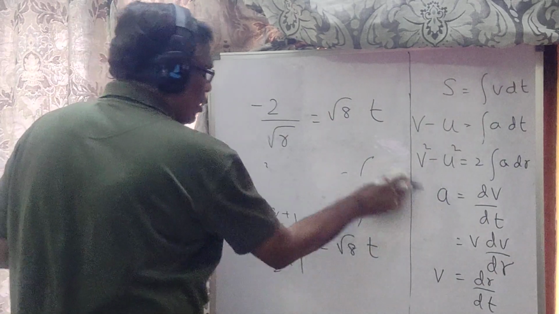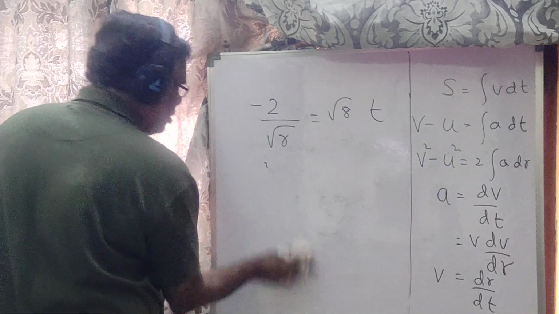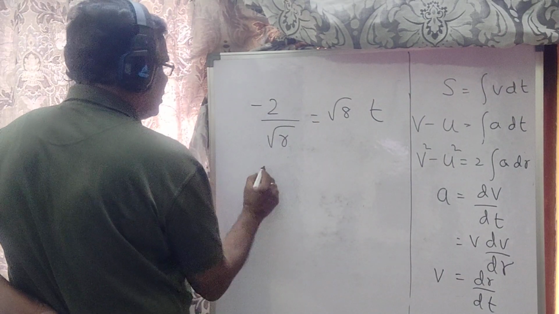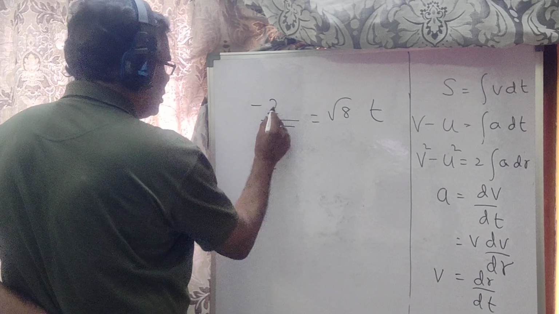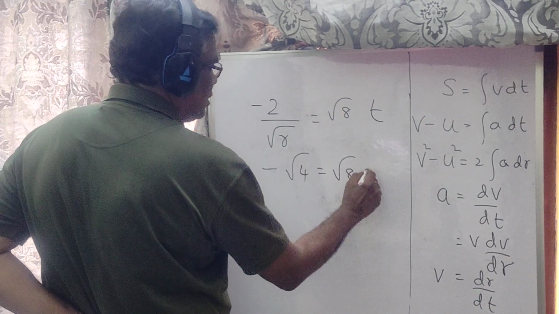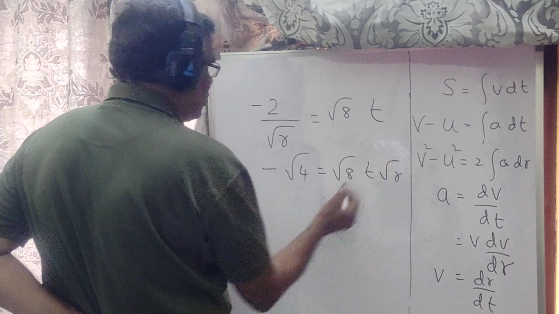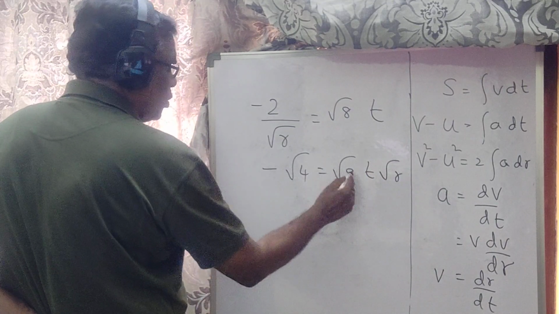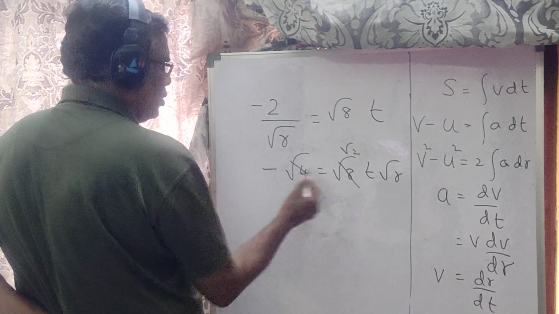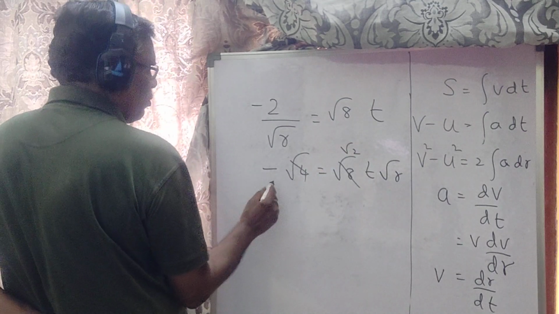Right? Now, how do you rewrite this? Minus 2 under root 4 is equal to root 8 t root r. Now, this is root 2, isn't it? Root 2. So, what are you getting?